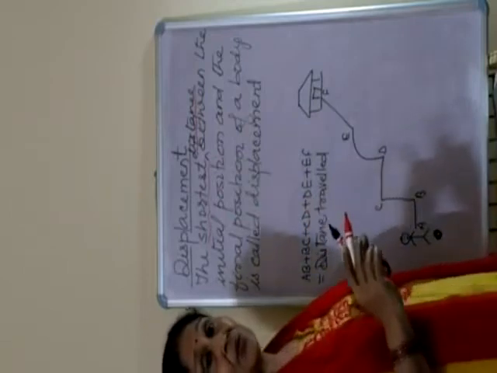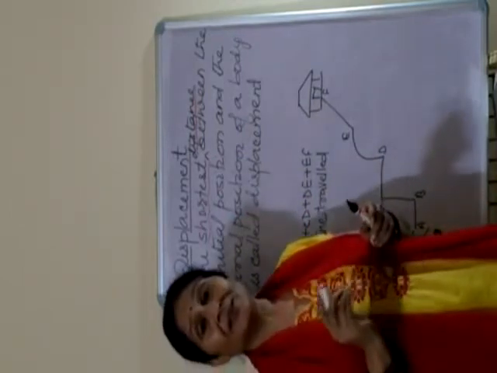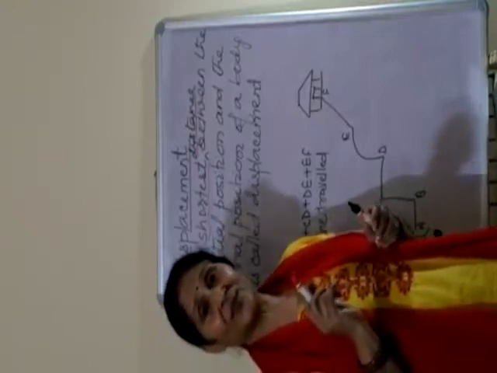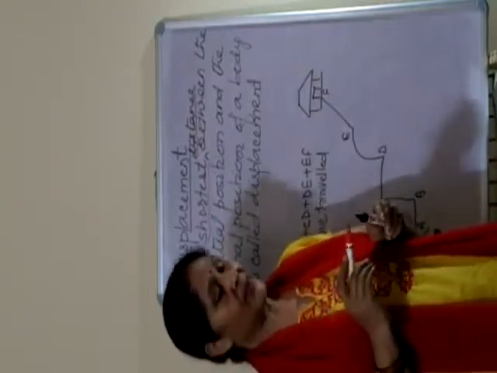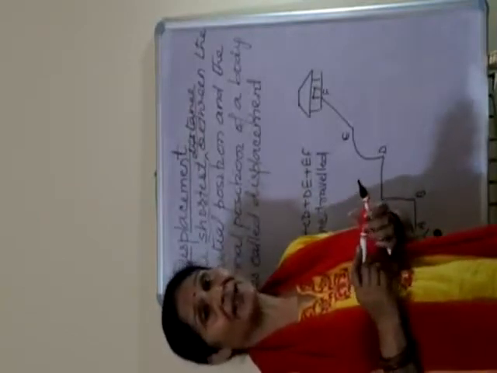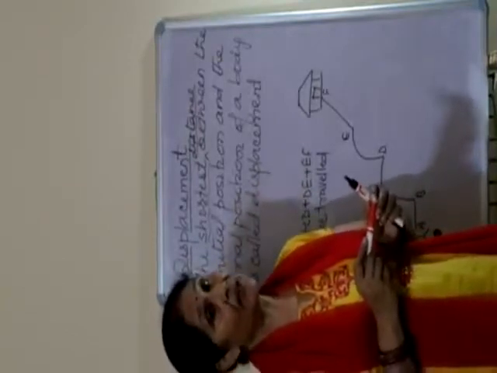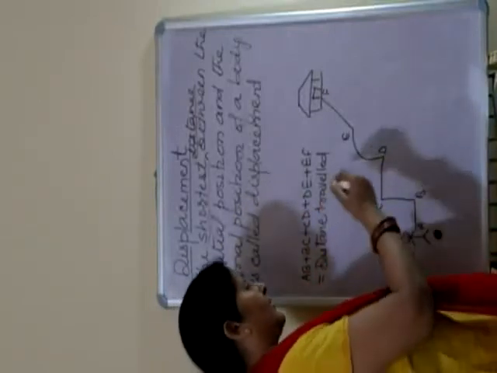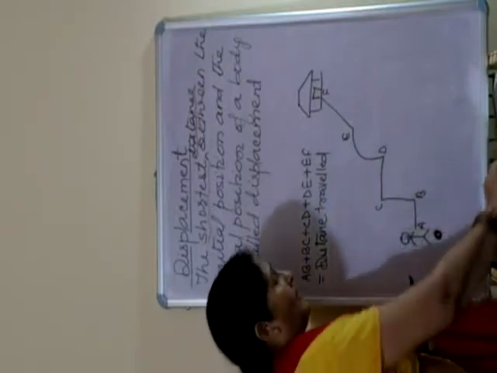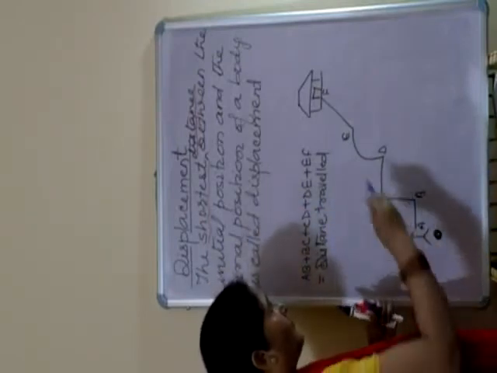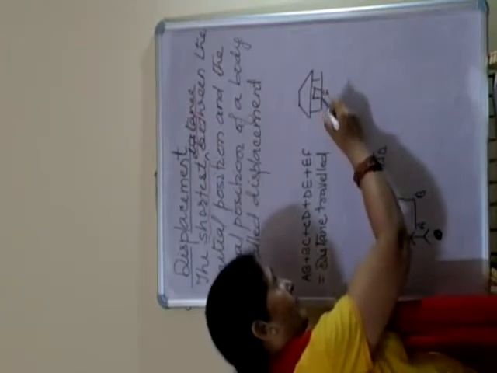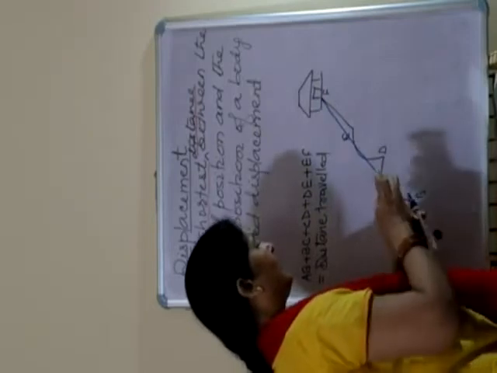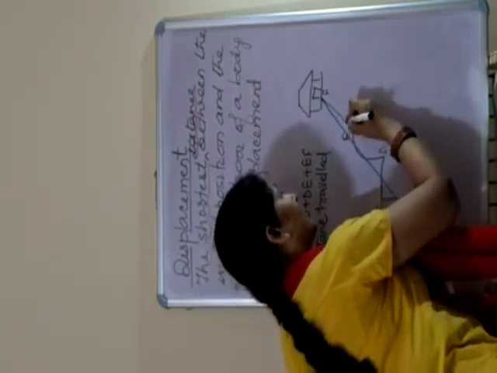And what will be the shortest distance? The straight line, because the straight line is the shortest distance between any 2 points. So the displacement will be the straight line between the initial position and the final position of a body. Here you see in the example. This is distance traveled.